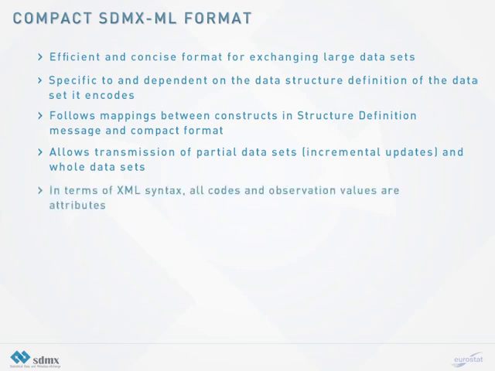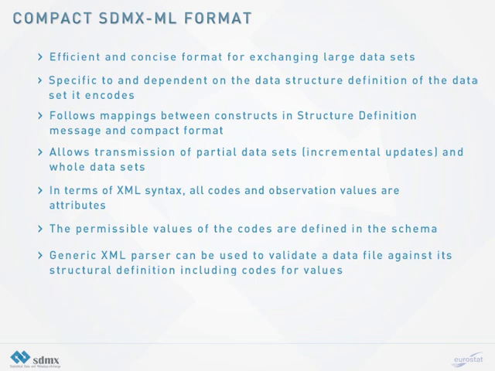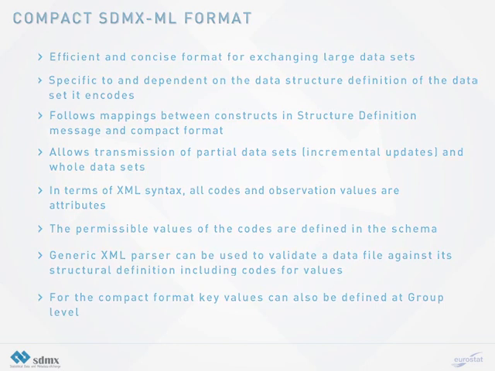In terms of XML syntax, all codes and observation values are attributes. The permissible values of the codes are defined in the schema. A generic XML parser can be used to validate a data file against its structural definition. For the compact format, key values can also be defined at group level.